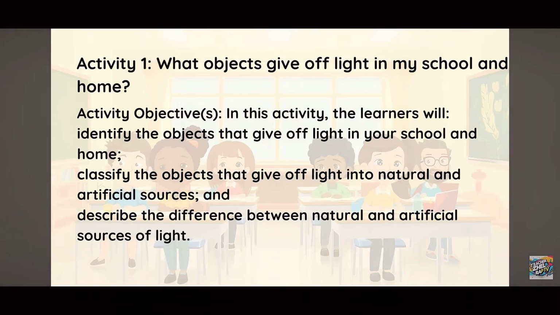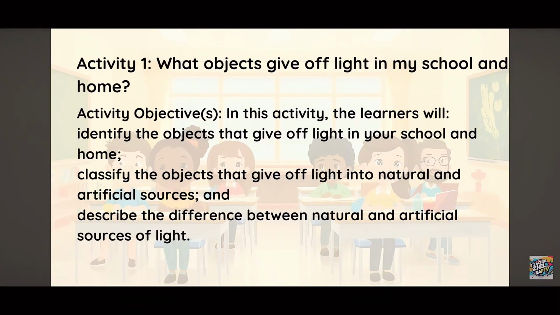In this activity, you will identify the objects that give off light in your school and home. You're going to classify the objects that give off light into natural and artificial sources and describe the difference between natural and artificial sources of light.